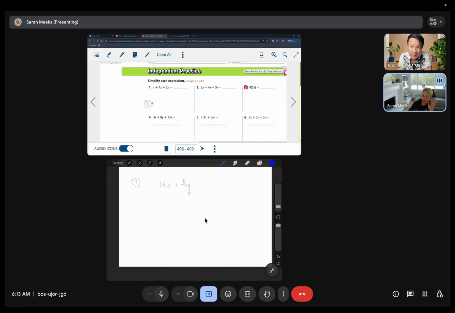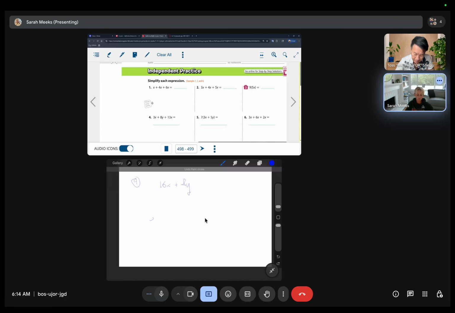The 8y, just leave it out. You can copy it, but don't combine it with the x terms. So it'd be 16x plus 8y. You could write 8y plus 16x. Doesn't matter which one first. But combine the x, leave the 8y alone.